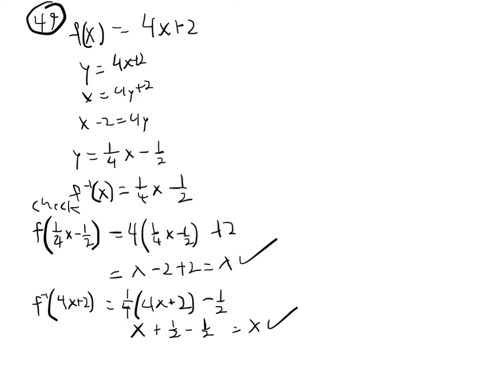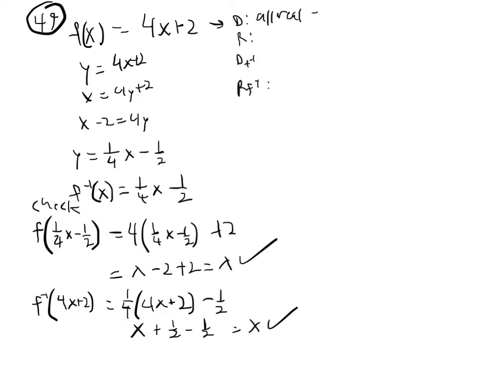And then we want to graph the two plus y equals x after we state our domain and range. So our domain for this function: there's no square root and there's no dividing by 0, so our domain is all real. We have domain, range, and then domain of f inverse and range of f inverse.